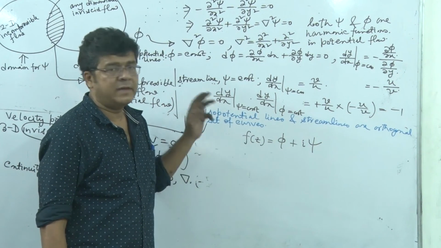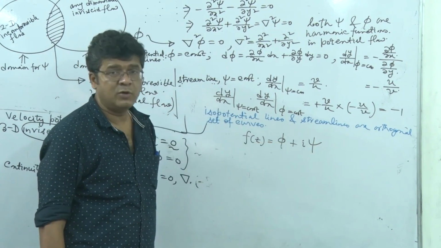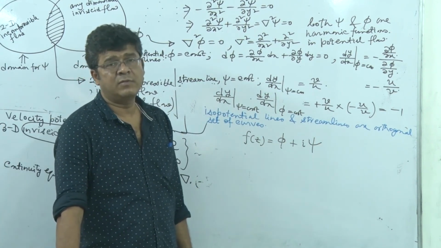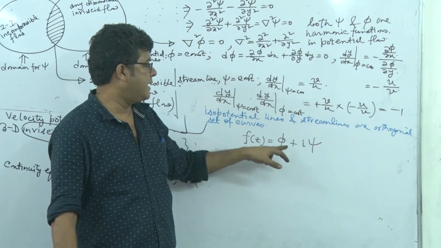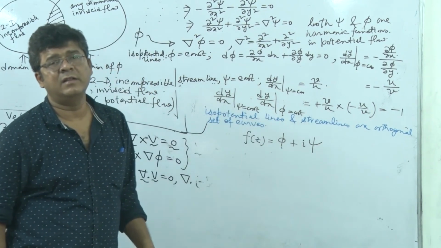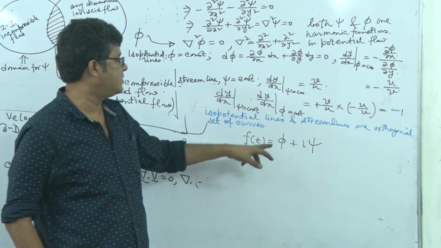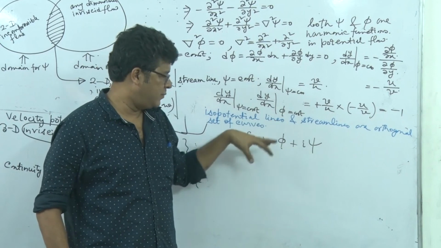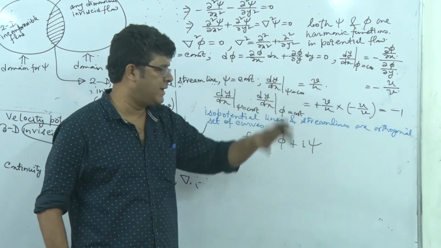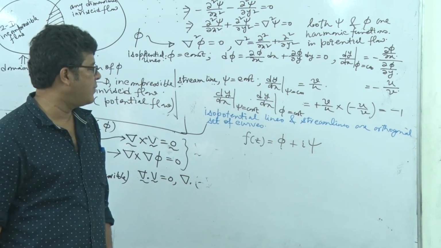So this function f(z) will be analytic. Why? Because phi and xi are both harmonic functions. That's a property of analytic functions, a typical outcome of the Cauchy-Riemann equation. And phi equal to constant and xi equal to constant form an orthogonal set of chords, and that we have established in complex analysis. So this f(z) is called the complex potential of the flow, and with that we can do many calculations. But we will not discuss that, I've just mentioned the name.